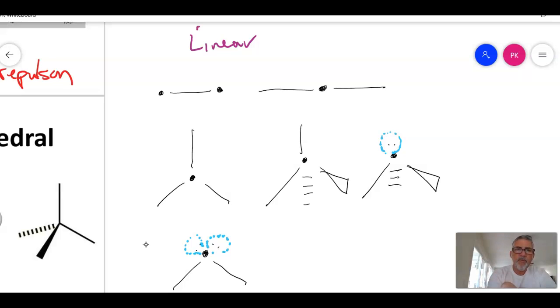So if you look at here, we only have S. Now, this is an exception. The only time we see this is in H2, right? Because there's only a possible S orbital, right?